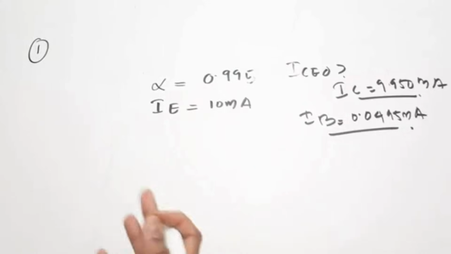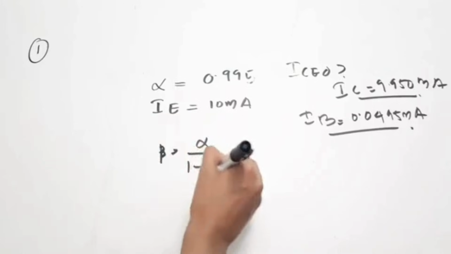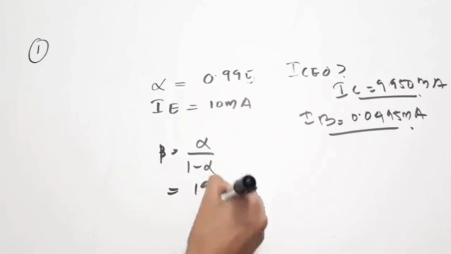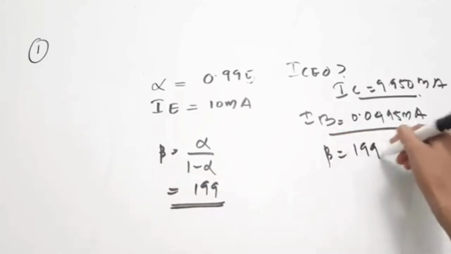These are current gains, alpha and beta, and the relations I have also discussed in the formula revision video. So beta equals alpha divided by 1 minus alpha. Substituting the value of alpha in this equation, you get beta as 199.